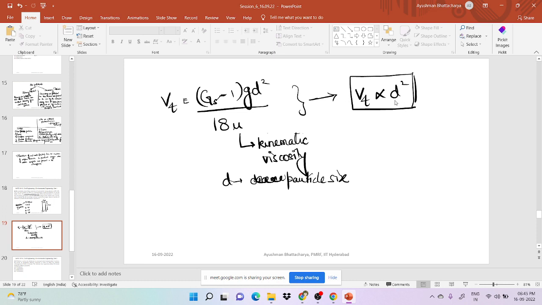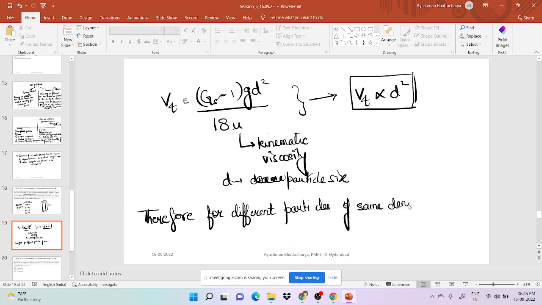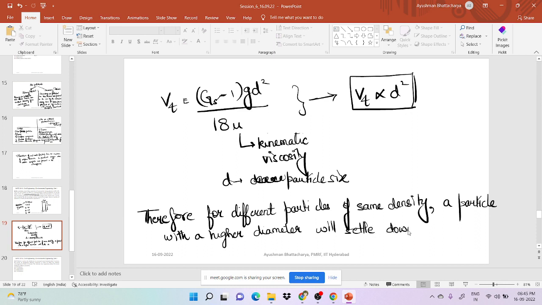Therefore, for different particles of the same density, a particle with a higher diameter will settle down faster.